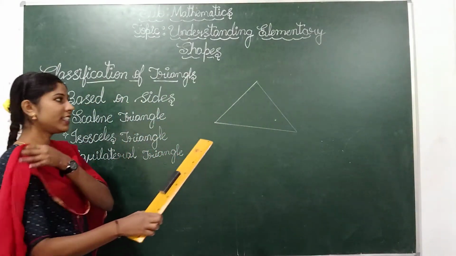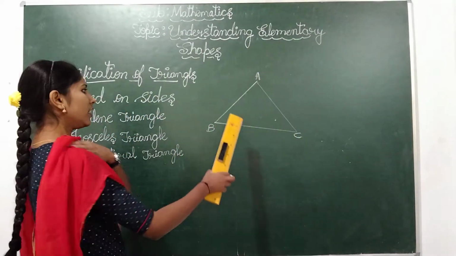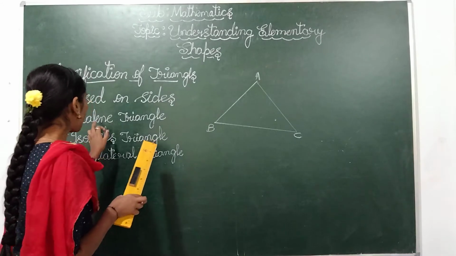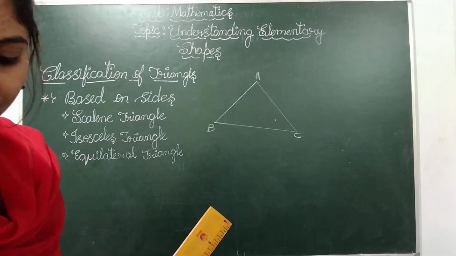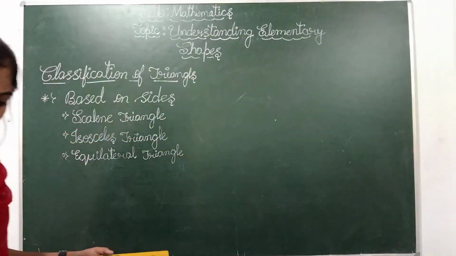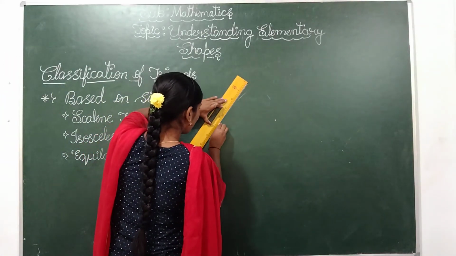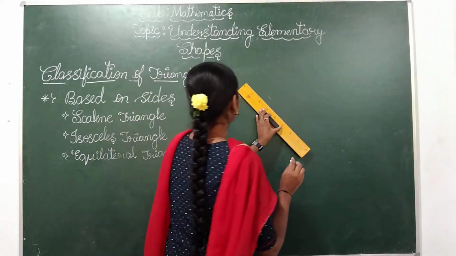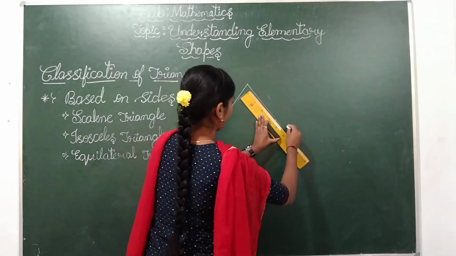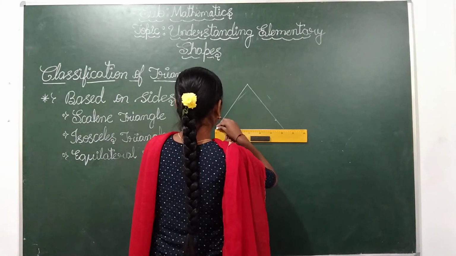See, all three sides of triangle ABC have different lengths. Now I will take this length as 20 and this is also 20, and now I will take this as 30.